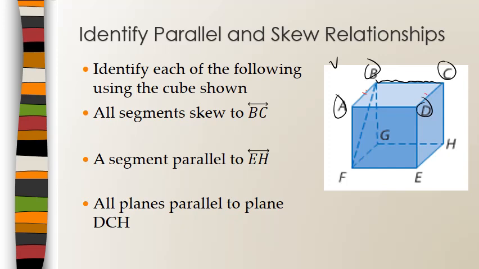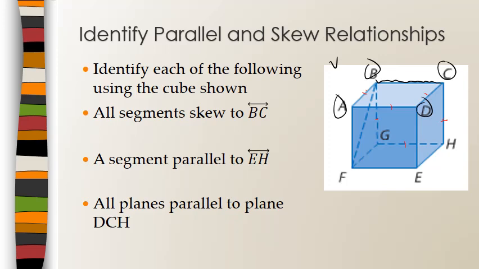And obviously, BG and CH and GH could all be in the same plane with BC. AD here would not be there. So we're talking about now lines that do not intersect but are not in the same plane.